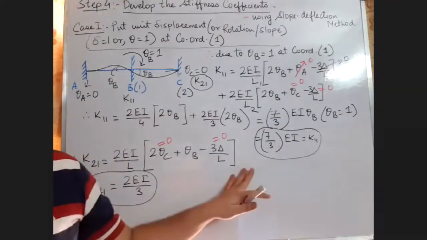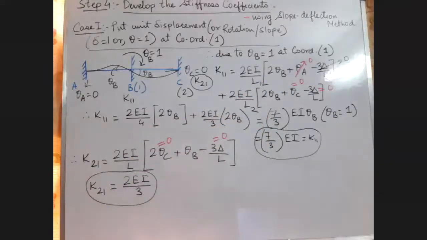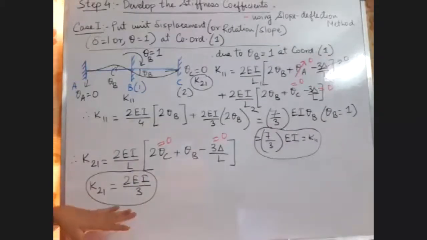Wasim, any doubt now? The basic equation of slope deflection is 2EI by L, 2 times the slope of the near end plus 1 times the slope of the other end minus 3 delta by L. So this is the case for case 1.